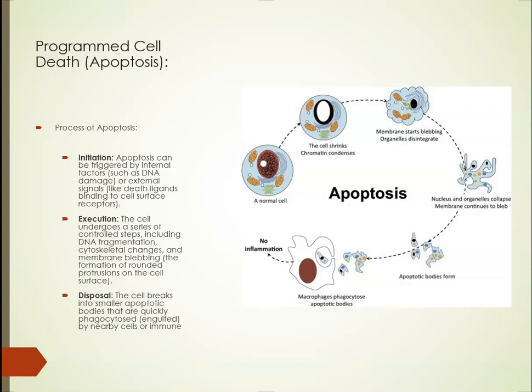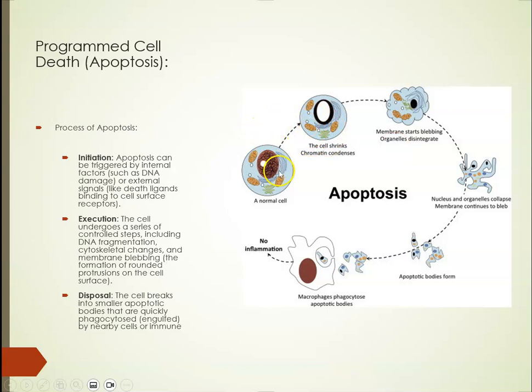It's often referred to as cell suicide because the cell actively participates in its own destruction. Apoptosis serves as a mechanism to remove unwanted or damaged cells from the body without causing inflammation or damage to the surrounding cells. So let's look at the process of apoptosis.